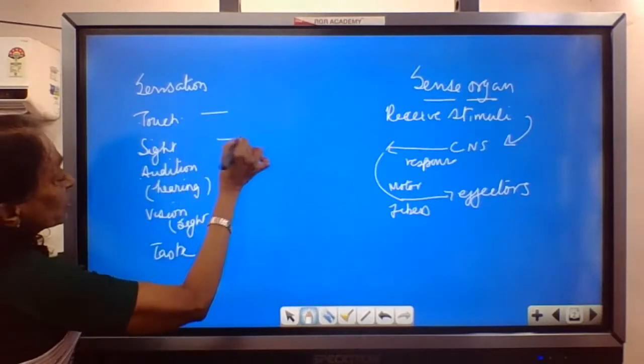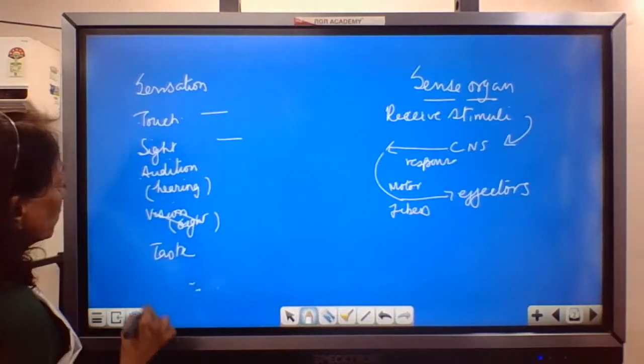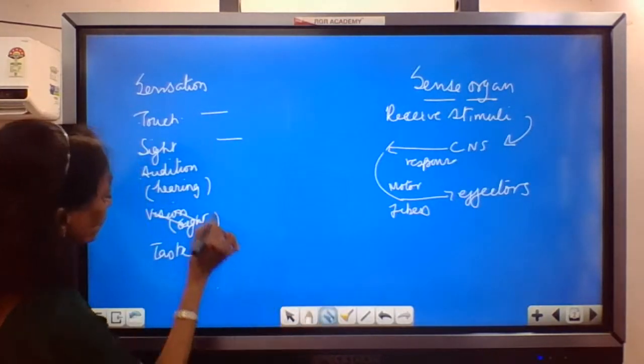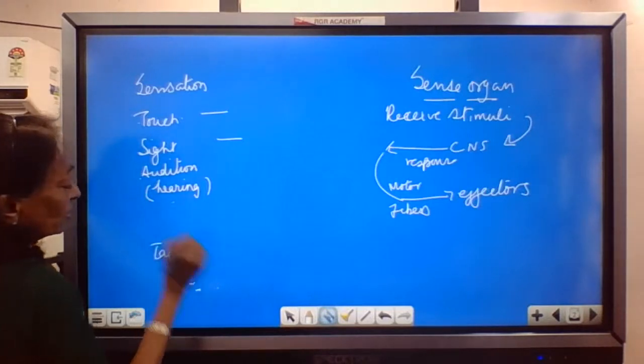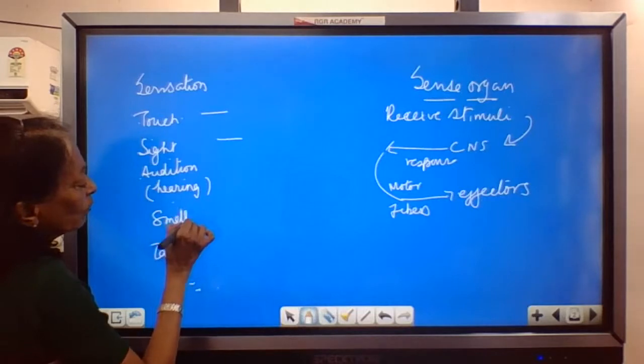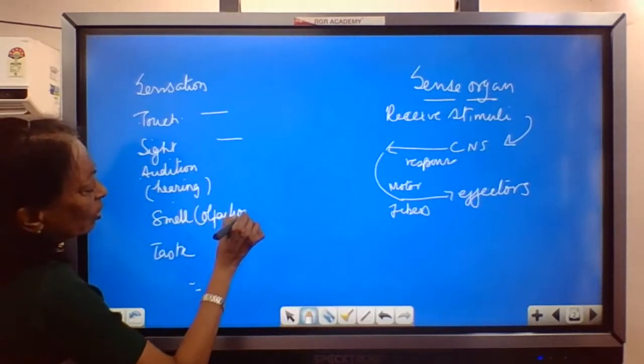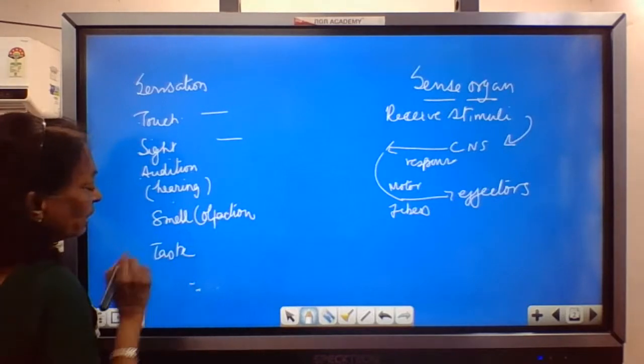And the concerned sense organs: sight, we have written already, vision or sight. Now touch, smell, and taste. Smell or olfaction, or sense of smell. Then taste.